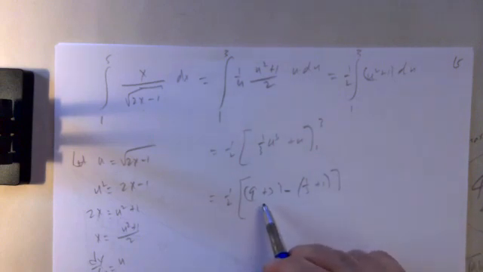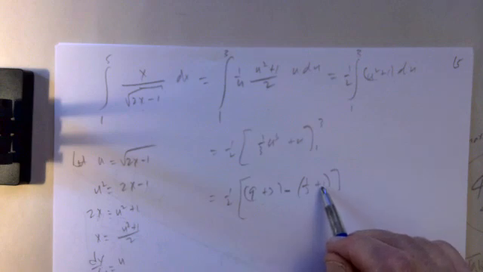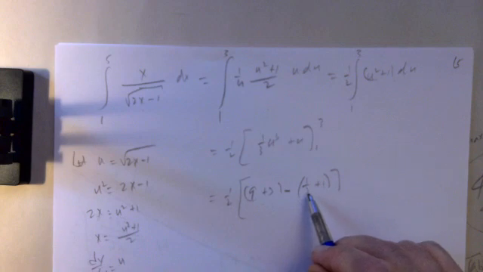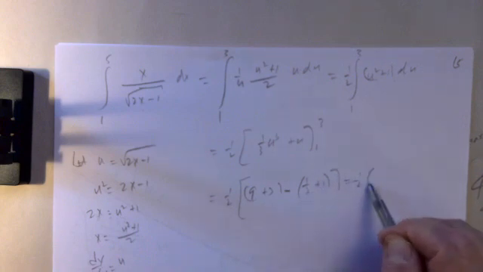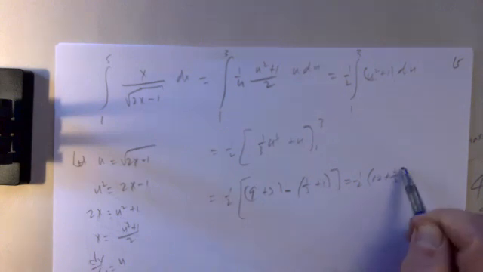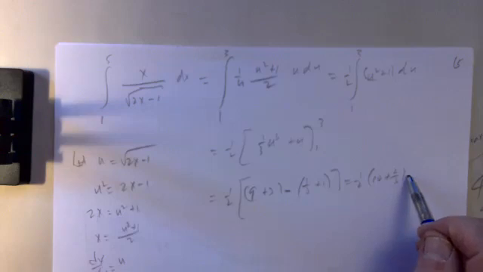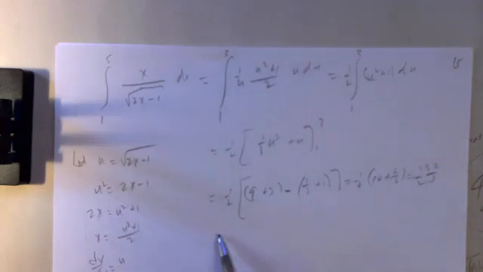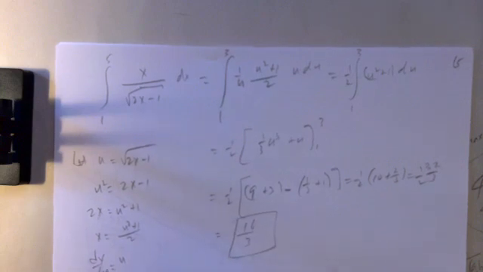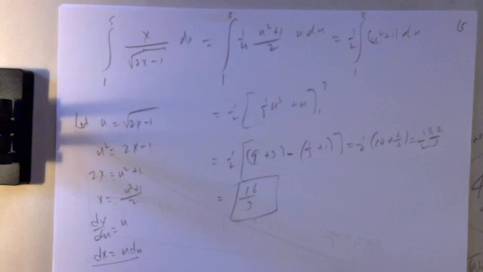So this is 12 minus 1 is 11, minus a third is 10 and 2/3, which is 32 over 3, times a half, and we get an answer of 16 over 3.